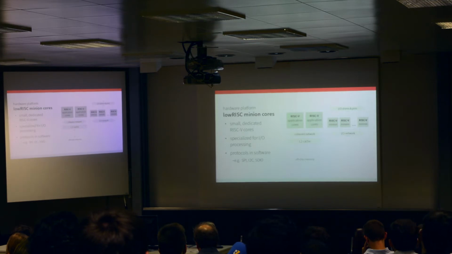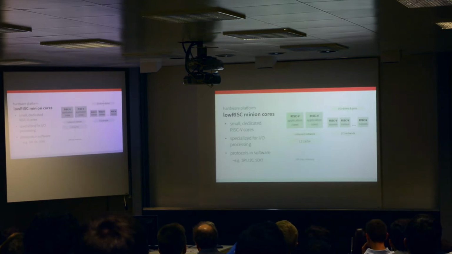The basic idea is that they are small RISC-V cores, and you offload I/O to those cores. So you implement actual device protocols in software. The initial idea is SPI or SD card and so on. The goal of this project was to explore what we can do on those Minion cores.